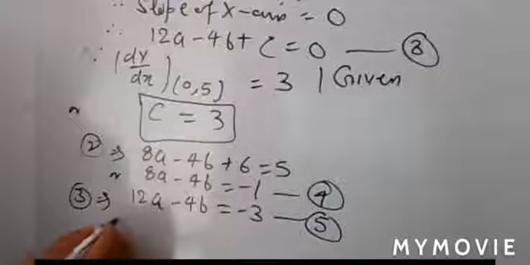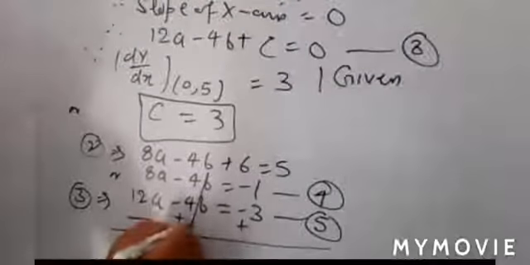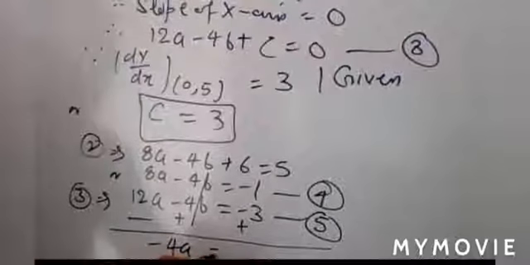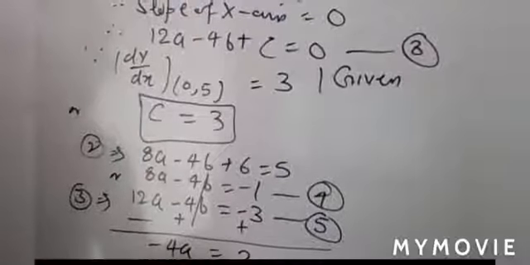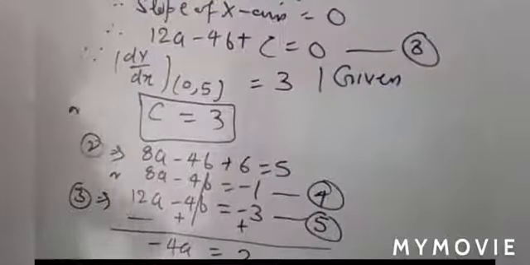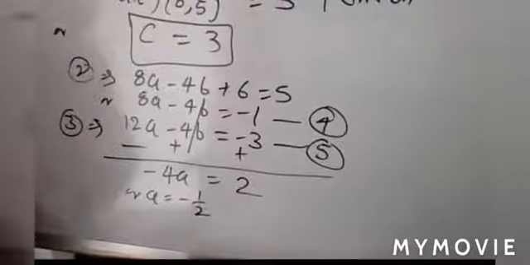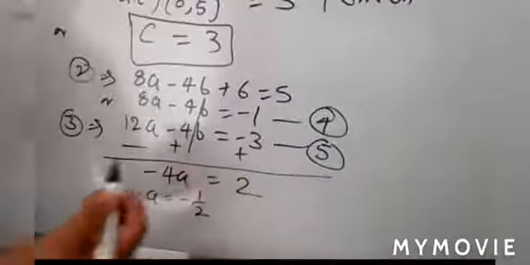Now you solve these two. If you subtract, b cancels out, and you have minus 4a is equal to 2. So the value of a is equal to minus 1 by 2. Now put that value in equation 4 or 5.